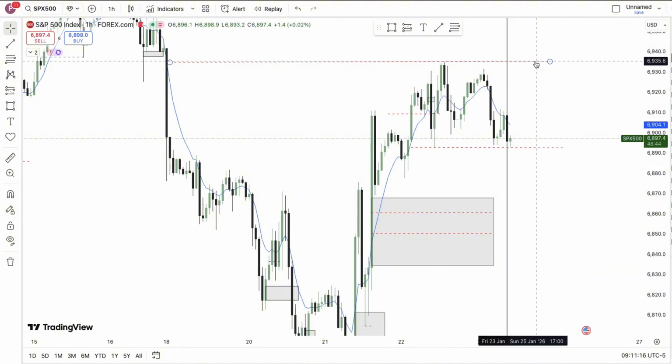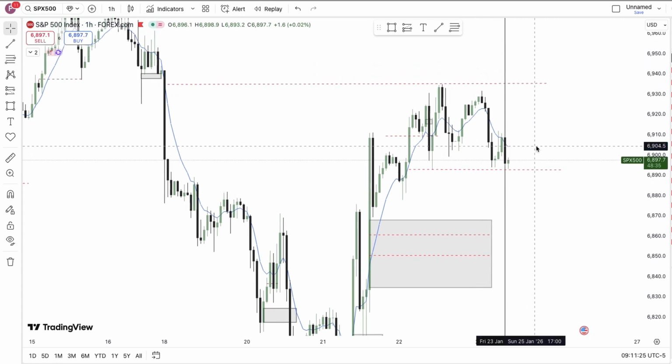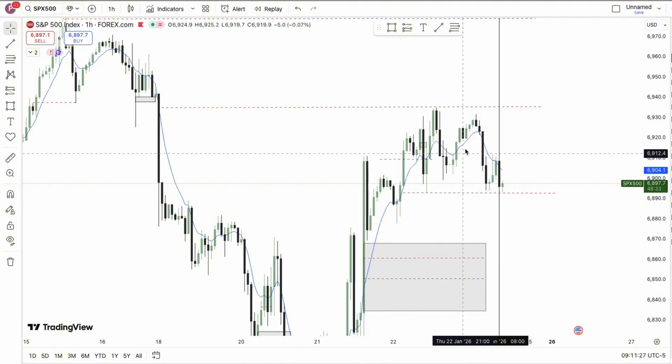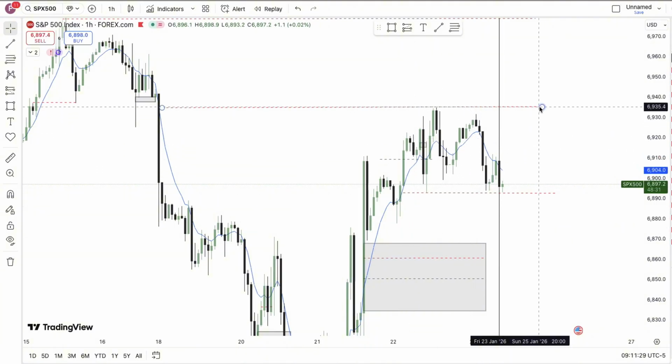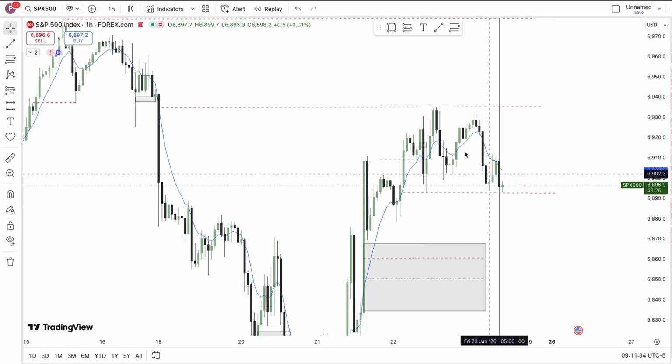You can still get moves when you drop down to 15 minutes, 5 minutes, 4, 3, 2, 1. I'm looking at the 1 hour now. The 1 hour price is not showing any sign of direction. It's not going either up or down, sideways.